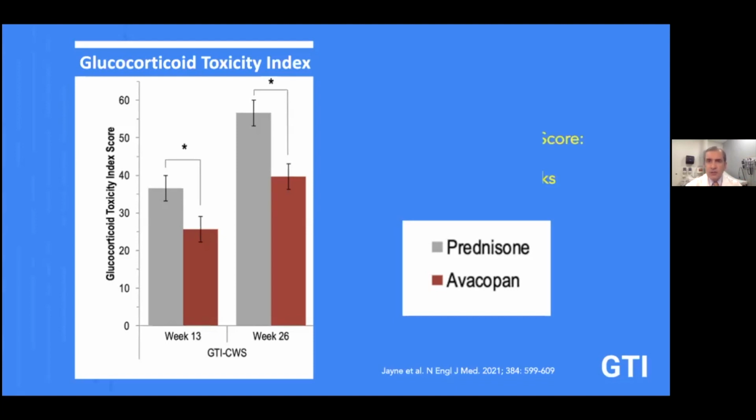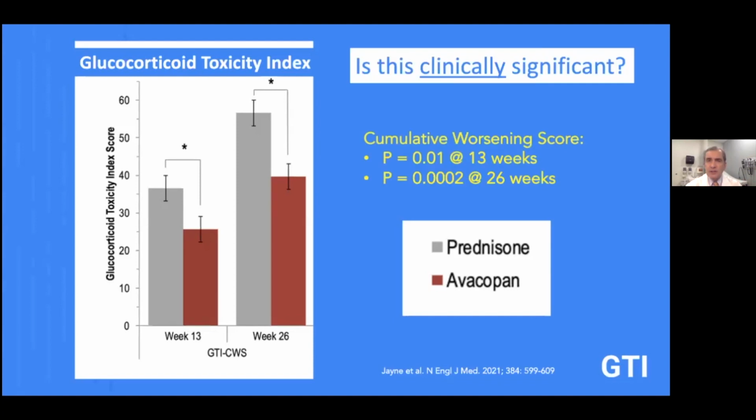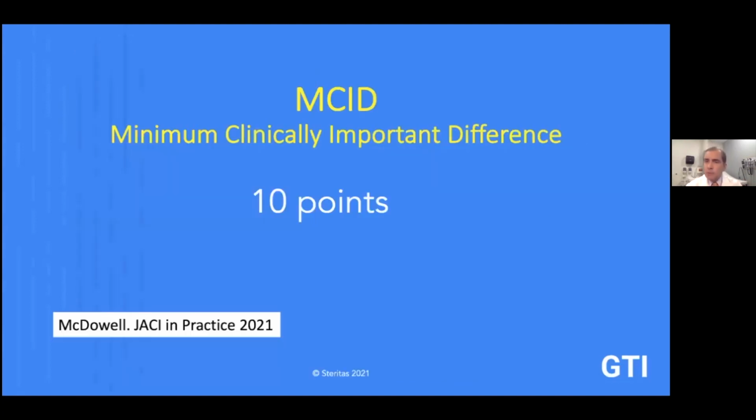So these differences were highly statistically significant, but is this clinically significant? So the minimum clinically important difference is 10 points. And the approach to developing the MCID for the GTI was described in this paper published earlier this year in 2021. And so let's take that MCID and actually compare it to the actual GTI scores.